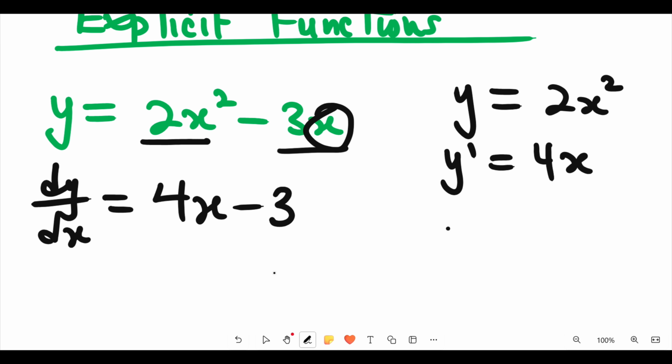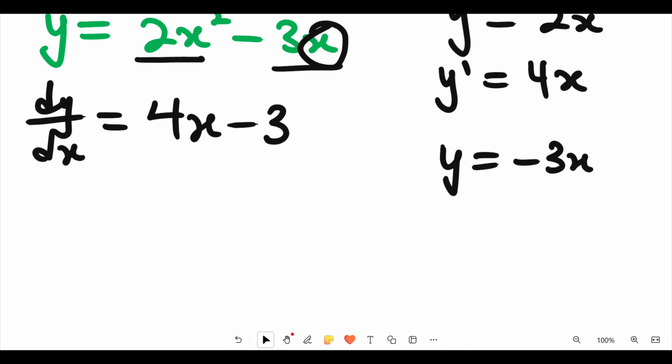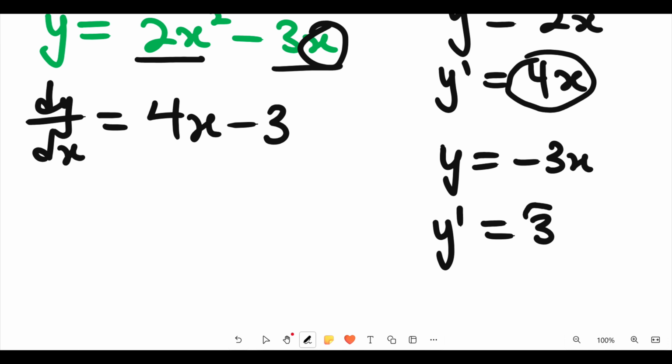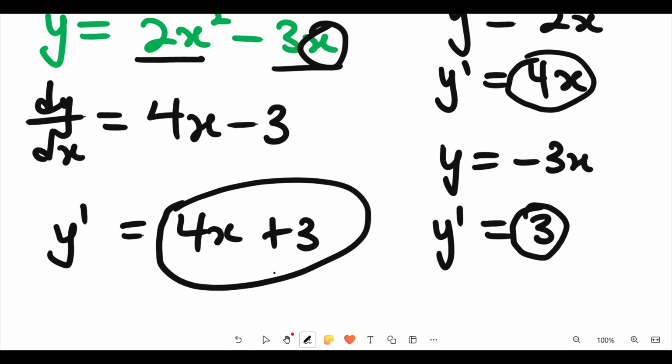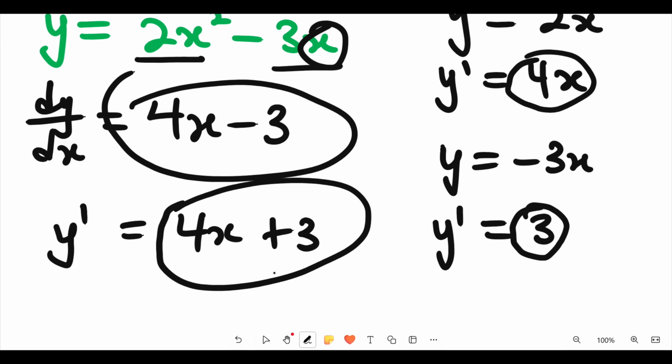Then you take the other part of the function, which is y is equal to negative 3x. When you find y prime, which is dy/dx of this one, you are going to get negative 3. So you can bring the two together to be y prime is equal to 4x minus 3, which is the same as this. So you can say that these two answers are the same.